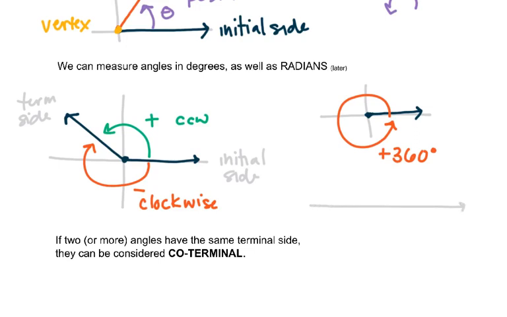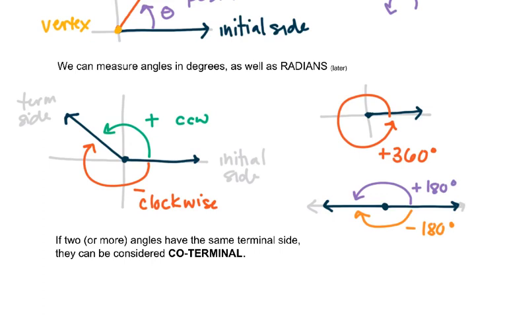One other way to think about, we can have a straight angle. So that straight angle might have a positive 180 degree measure, or it could have a negative 180 degree measure.